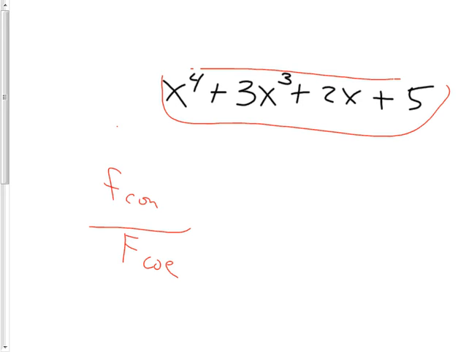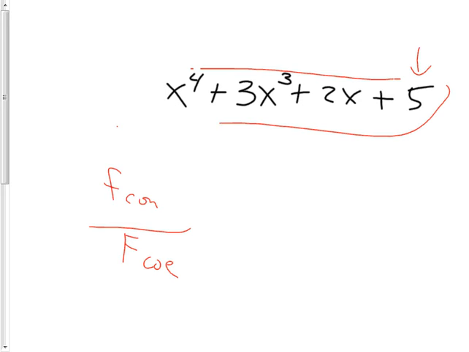The factors of the constant. This is the constant. And the factors of the co, the lead coefficient, the very front.